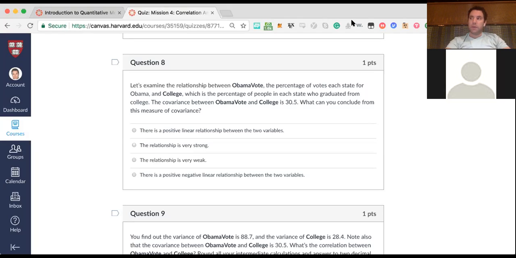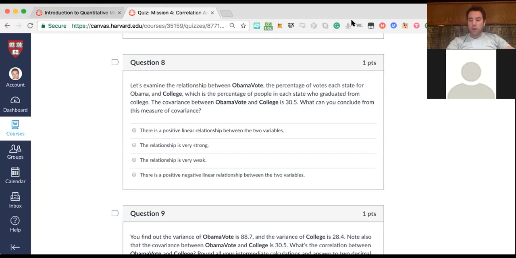It does not tell us about the strength of a relationship. Correlation is what's telling us whether a relationship will be strong or weak, and also the direction. So the only thing we can really know with covariance is the direction of a relationship.